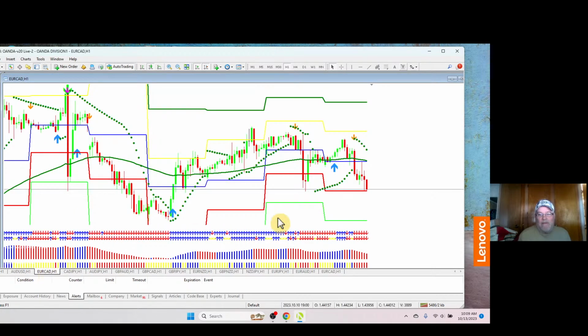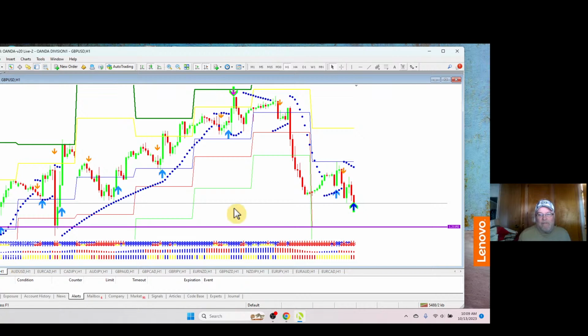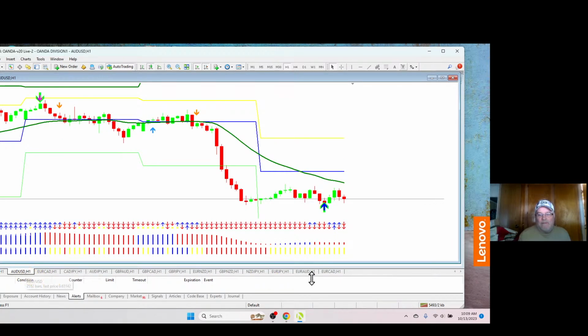Euro CAD is pushing down too. Yen. And that pound dollar is heading to here. Aussie dollar.